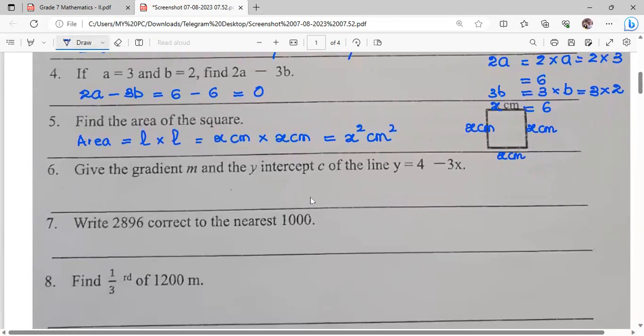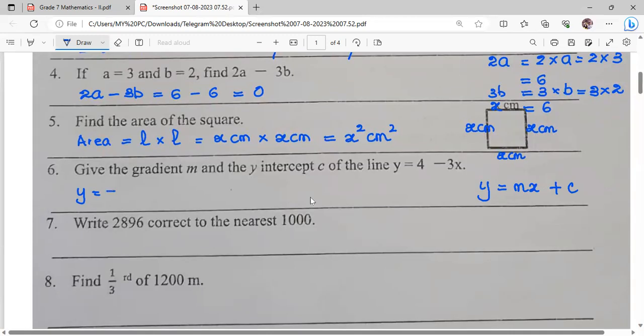You know, to find the gradient and the y-intercept, children, the format should be y equal mx plus c. Whatever the formula they give in the exam, you just modify it, you just rearrange, right? Here the equation they have given, y equal to 4 minus 3x.